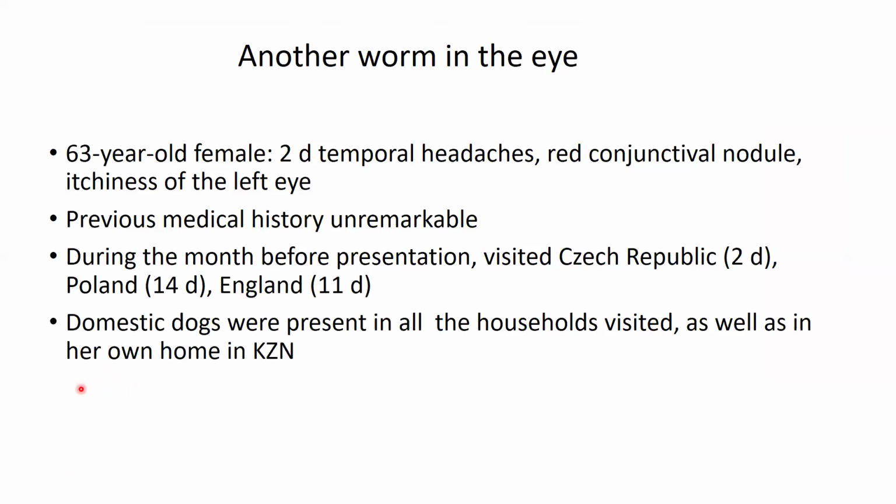So here's another worm in the eye. This was a lady living in Durban, who developed headaches, conjunctival nodule and itchiness. She was otherwise well. She had visited Europe and England in the month before presentation and had dogs in her own house and where she had visited, which may be of relevance.